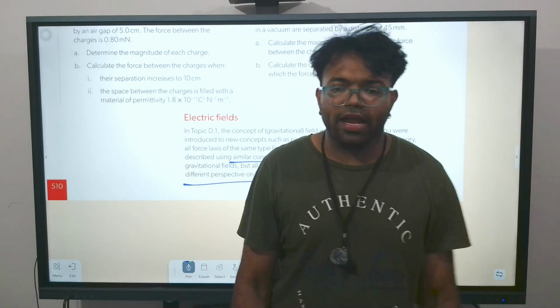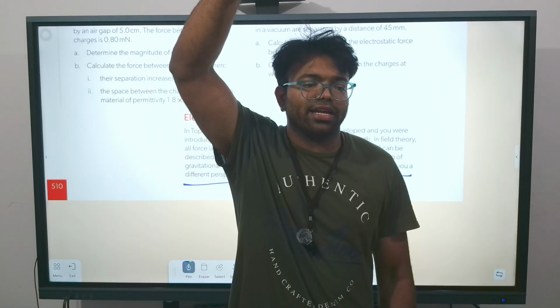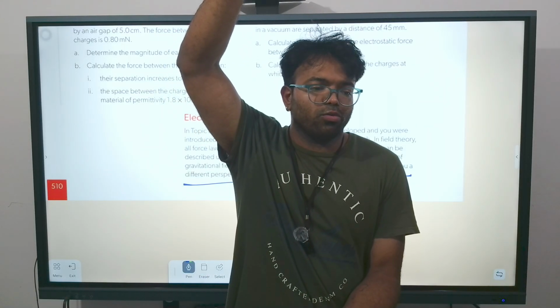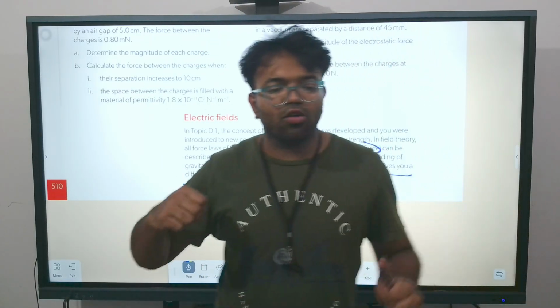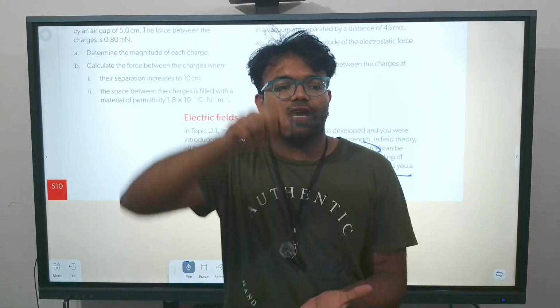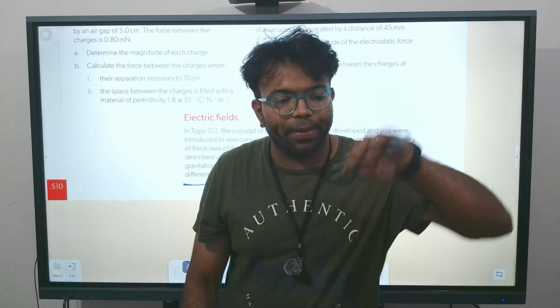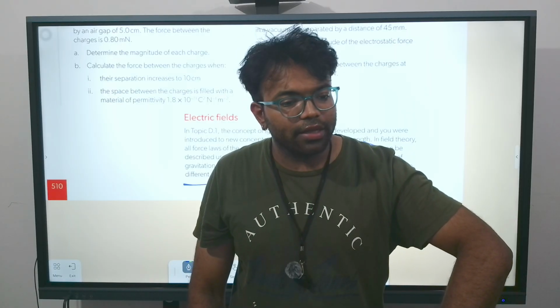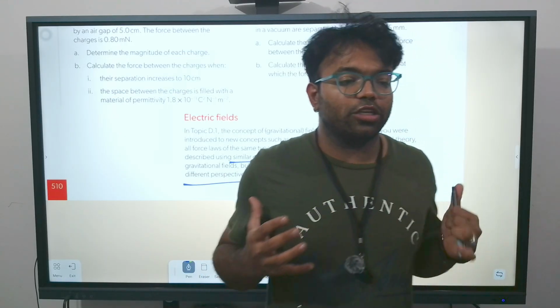Now, we know that the gravitational field is always attractive. If I place an object like this, it is always going to fall downwards. There is no repulsive force in gravity. Gravity is always an attractive force. If I keep on dropping objects, they are never going to repel the Earth's gravity, because Earth is under negative potential.